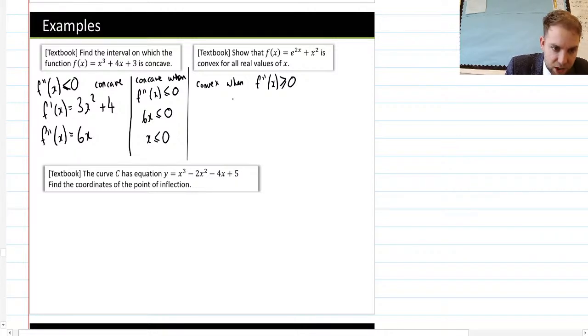So let's first differentiate this. So we end up with f dash of x. Well, if I differentiate e to the x, that's going to be e to the x. But don't forget there's a 2 inside there, so that's going to be 2e to the 2x. And if I differentiate this part here, that's going to be equal to 2x plus 2.